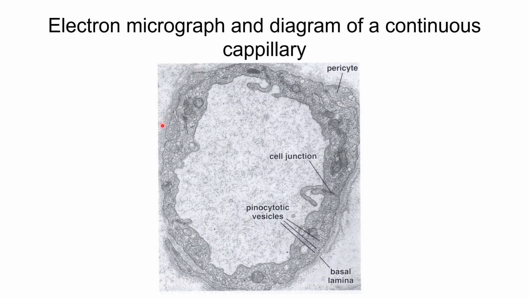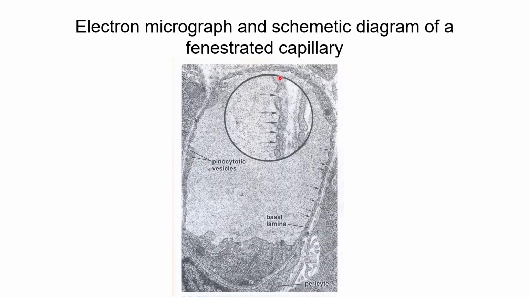This is an electron micrograph of a continuous capillary showing the tight junctions between one endothelial cell and another, with the pericyte and the basal lamina on the outside. This is compared to this one, where you have fenestrations within the endothelium.